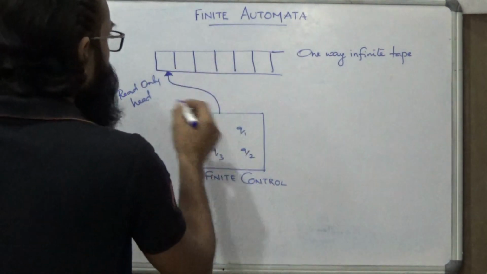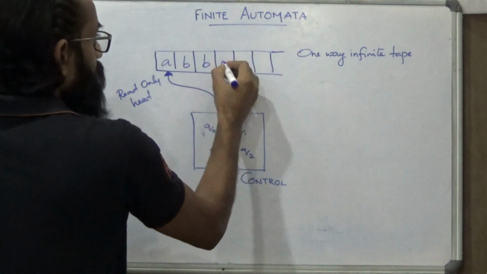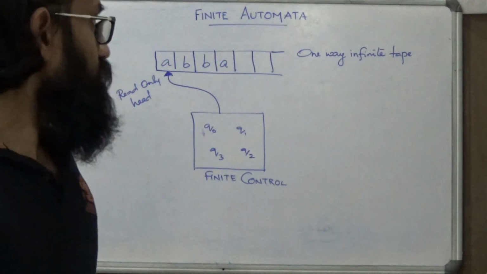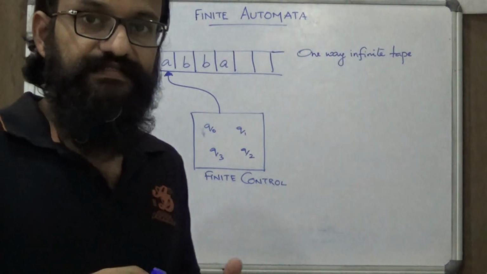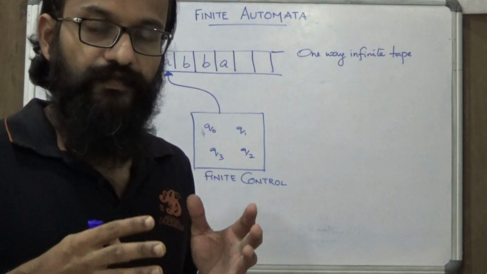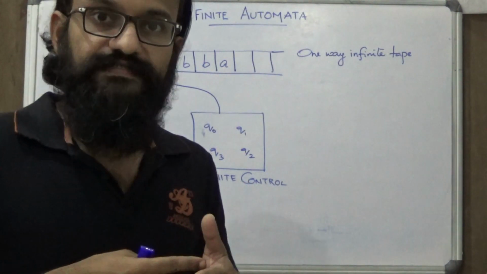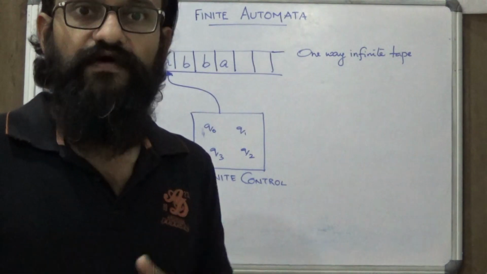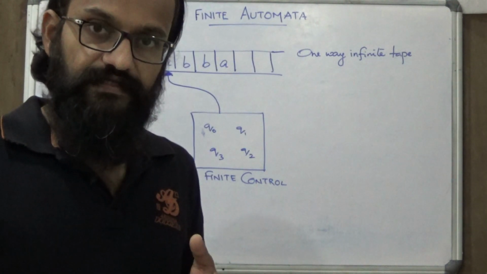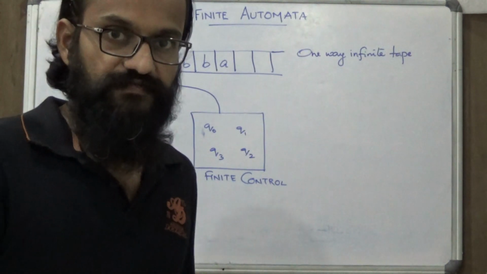Let the input be given. This tape is actually used to store the input string. So as you all know, a string is a sequence of alphabets. If you talk about a finite string, you can define it as a finite sequence of alphabets. And an infinite length string is an infinite sequence of alphabets.